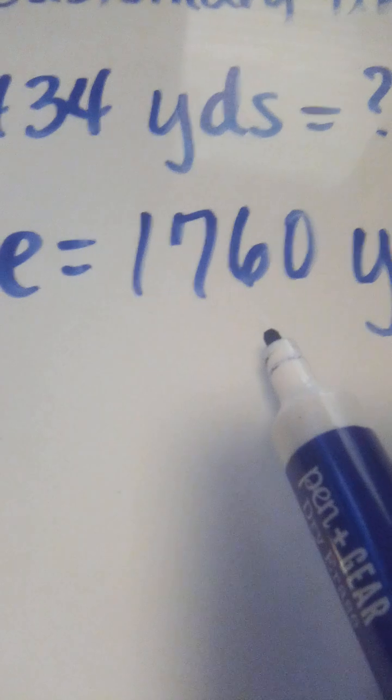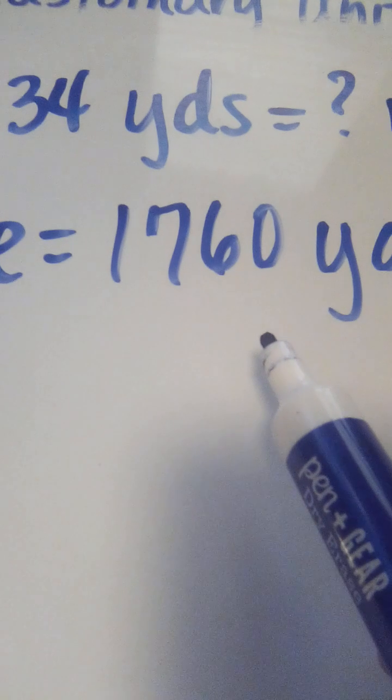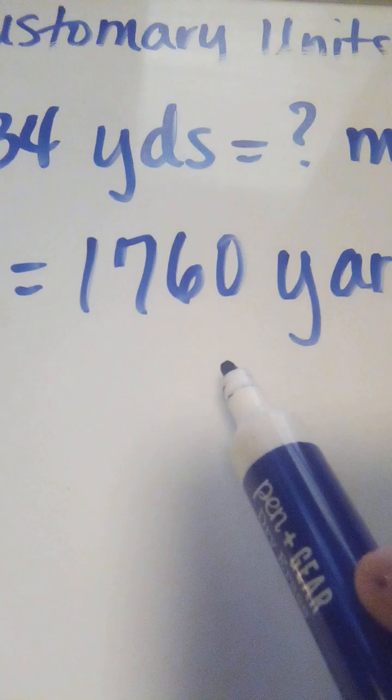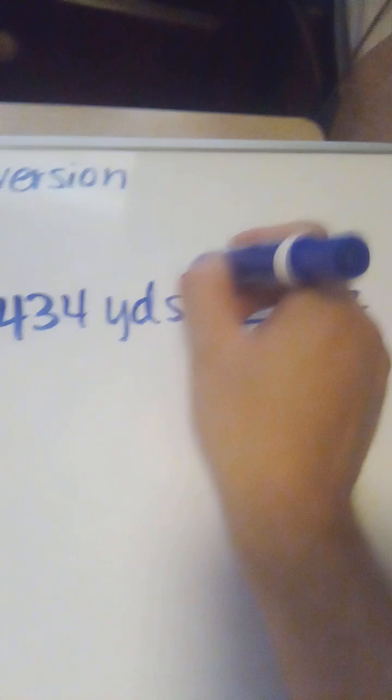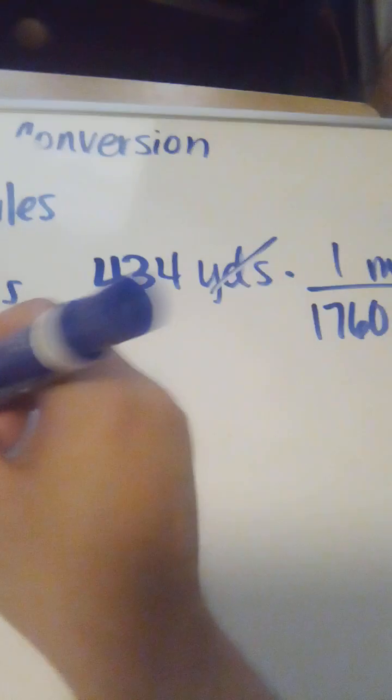Question. Is 1760 on the numerator or on the denominator? I believe it's going to be the denominator. Cancel out the yards. Divide 434.